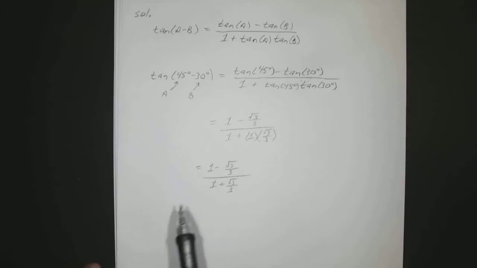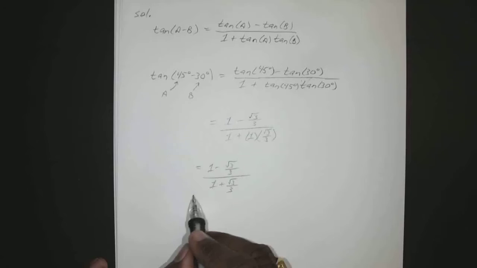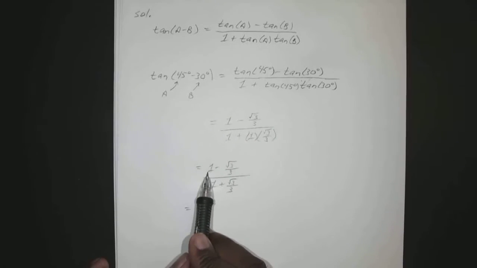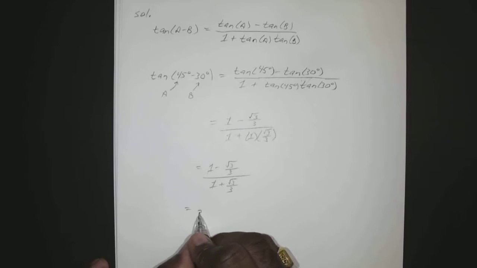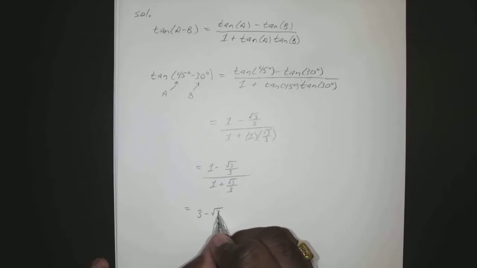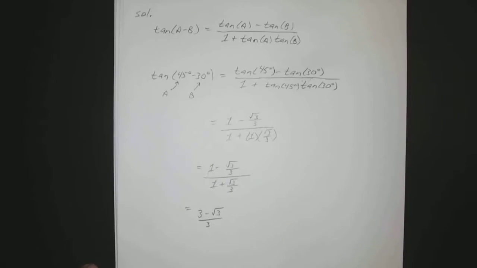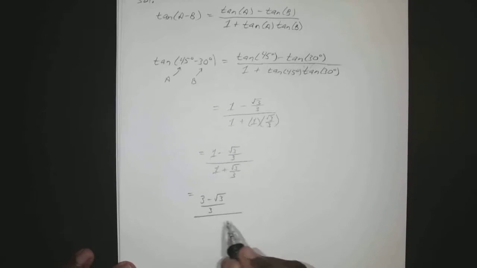Okay, so if we're going to simplify this, if we multiply this 1 by 3 over 3, we can have 3 minus square root of 3 over 3 divided by 3 plus square root of 3 over 3.